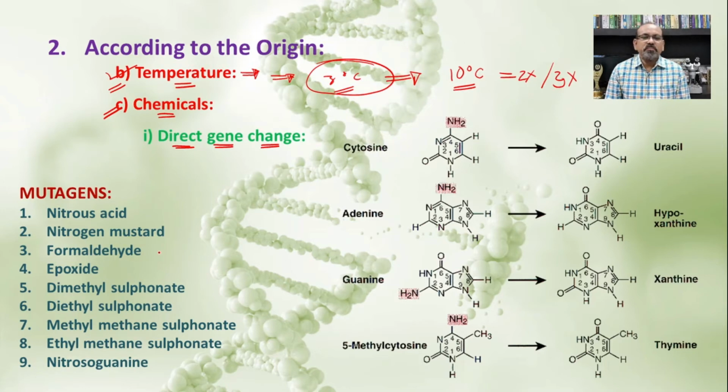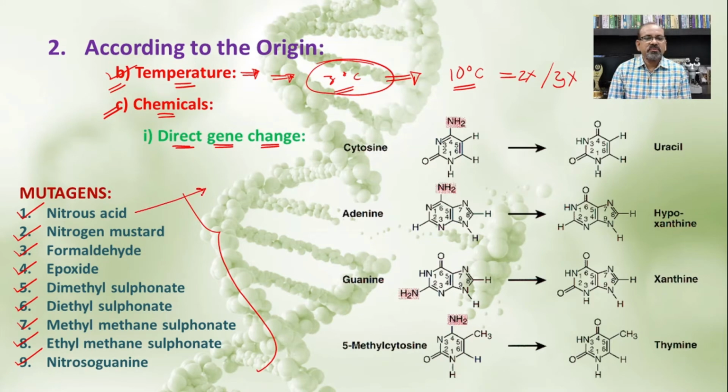There are many chemical mutagens like nitrous acid, nitrogen mustard, formaldehyde, epoxide, dimethyl sulfonate, diethyl sulfonate, methyl methane sulfonate, ethyl methane sulfonate, and even nitrosoguanidine. These are the different chemical compounds which are responsible for changes in the nitrogen bases in the DNA molecule.